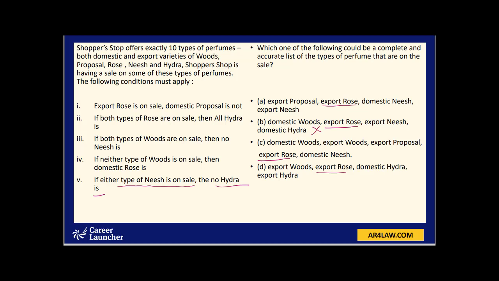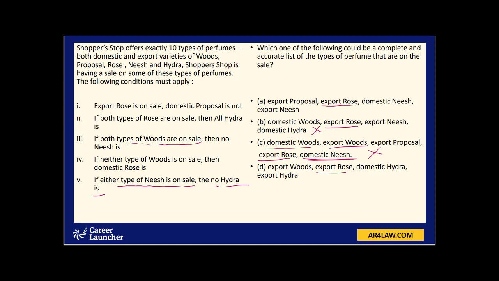That means this cannot be my answer. Now looking at condition number 3: if both types of woods are on sale, then no niche is. In option C, I can see both types of woods being there, and I am also seeing the domestic niche being there. This is a contradiction of condition 3, so even this cannot be possible.